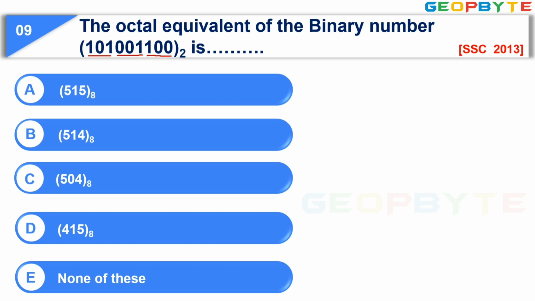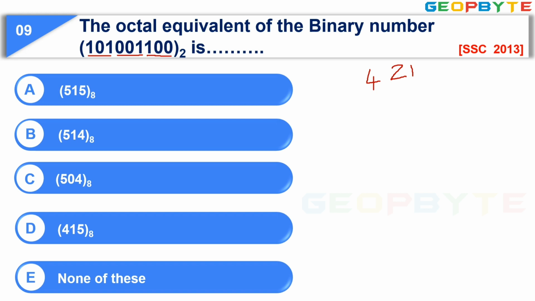In binary, we normally represent place values in the form of 2 power 0, 2 power 1, 2 power 2. So 2 power 0 is 1, 2 power 1 is 2, 2 power 2 is 4. The first value is 1, the next value is 2, the next value is 4.